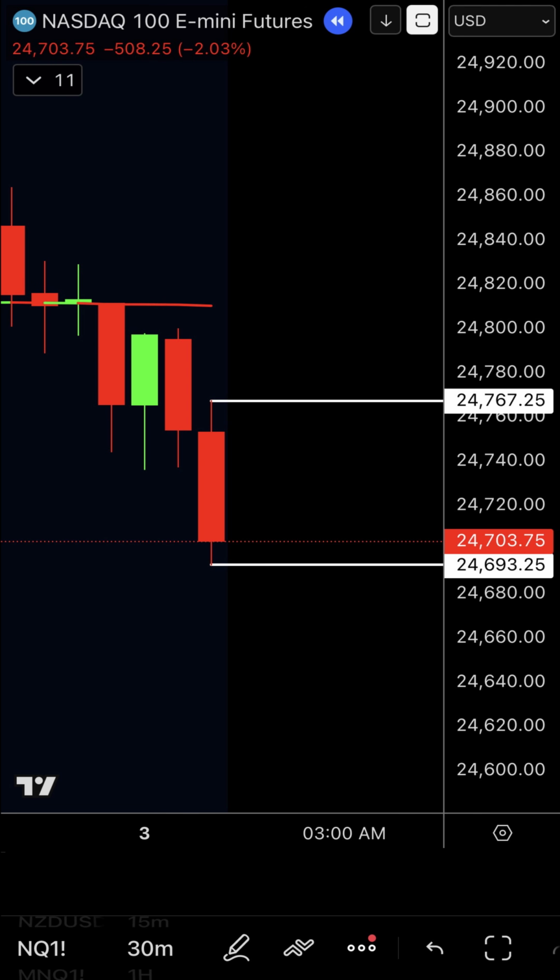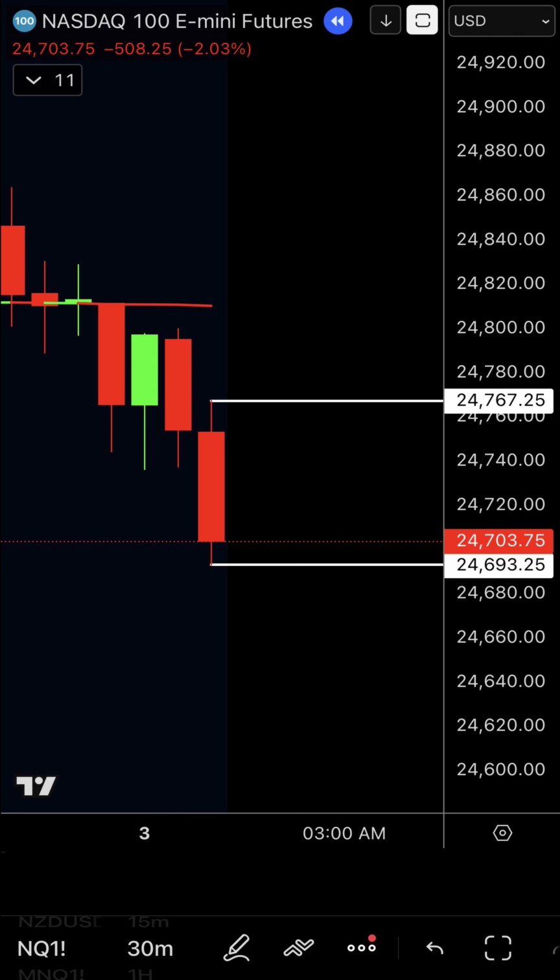Here is NAS 100 on a 30-minute chart. I made 2 videos about my 5-minute strategy in detail. And it's really simple. There's not a lot of detail because it is simple. I got the 30-minute candle marked up at the high of the wick and the lowest point of the bottom wick.